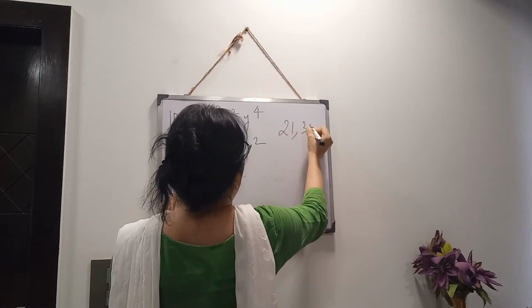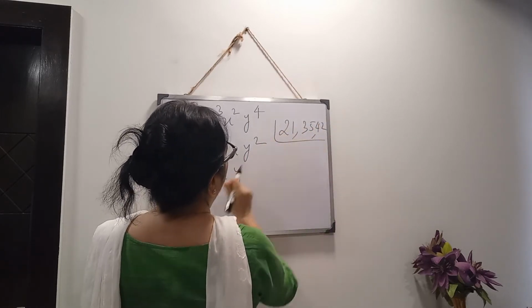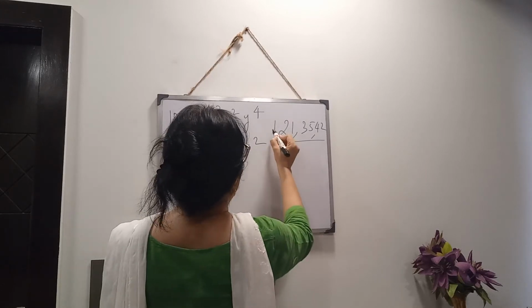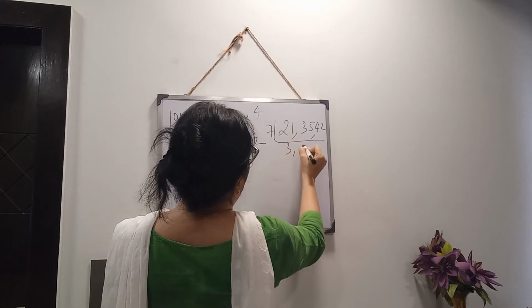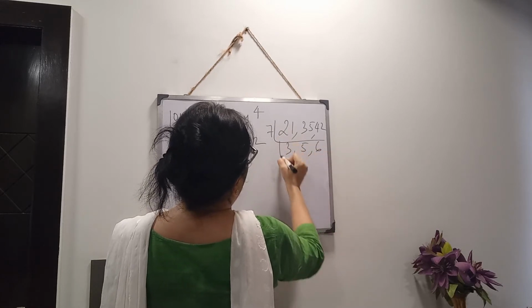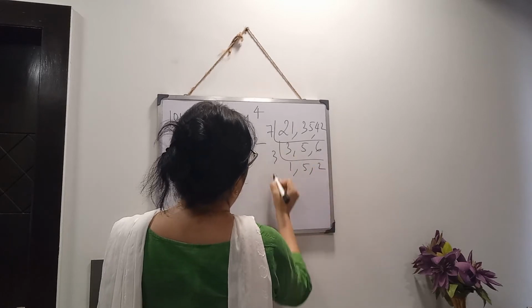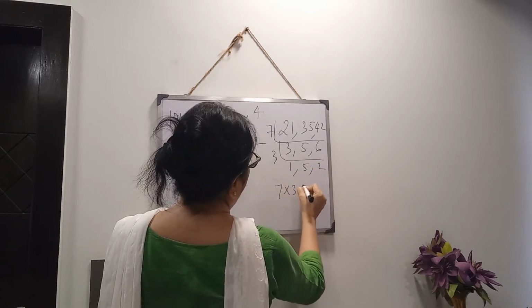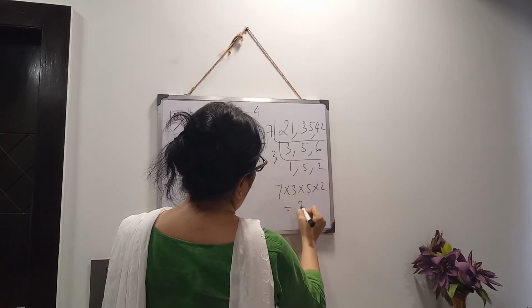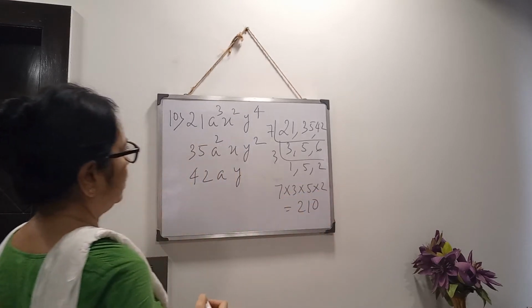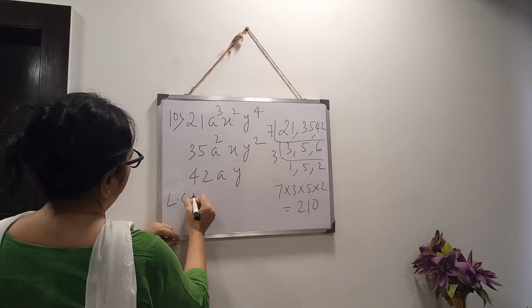Divide by 3, by 7, then by 3. What will be your LCM? 7 into 3 into 5 into 2, that is 210. Clear?